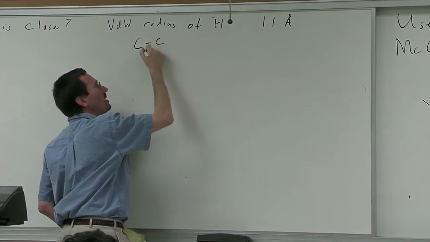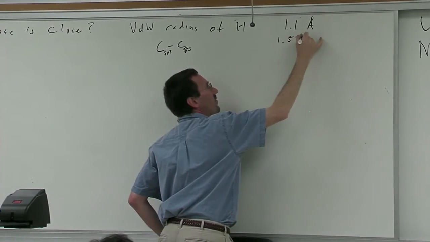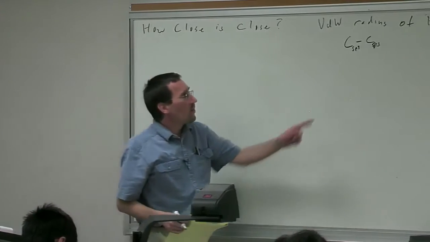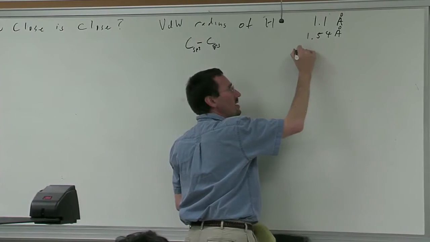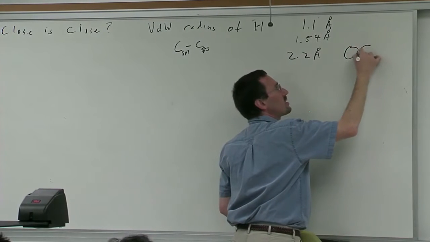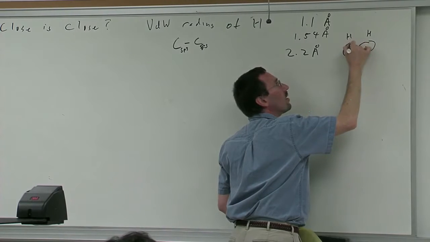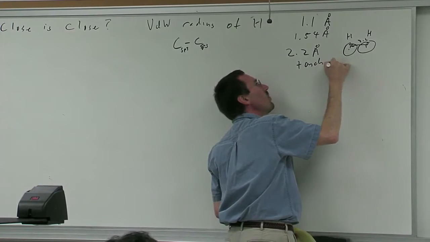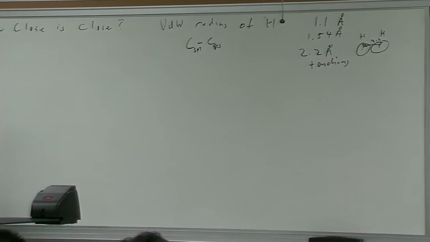A CC sp3-sp3 single bond is 1.54 angstroms. Okay, so that's at least kind of calibrating us. So what does that mean? That means if 1.1 angstroms is the radius, 2.2 angstroms for 2 hydrogens is going to be touching, so 2.2 angstroms is close. So that's at least the calibration.